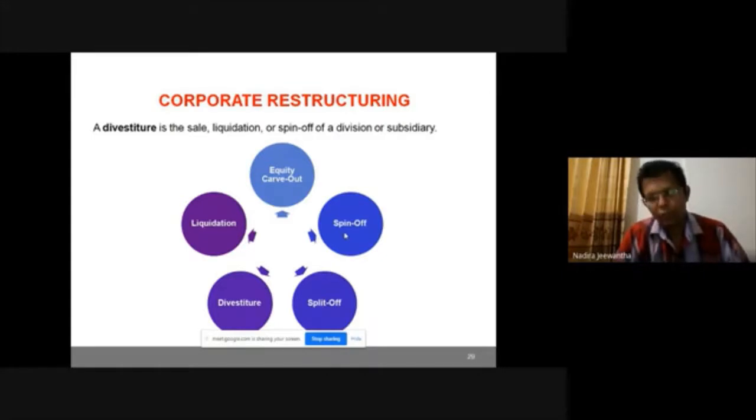So when the company is making losses, what will happen? Basically, the shareholders' wealth minimizes.